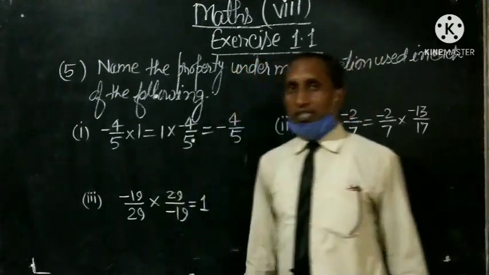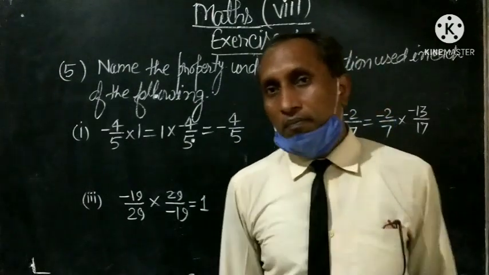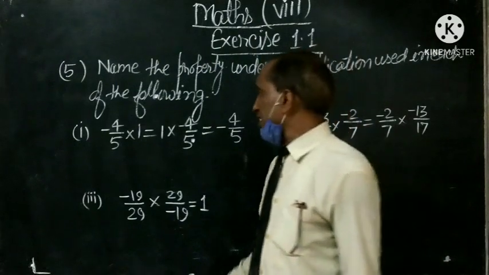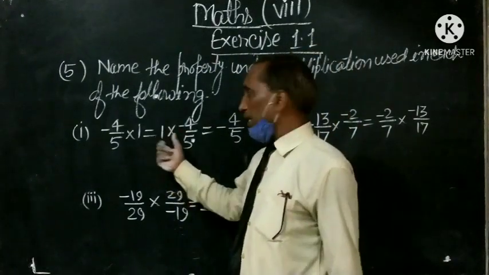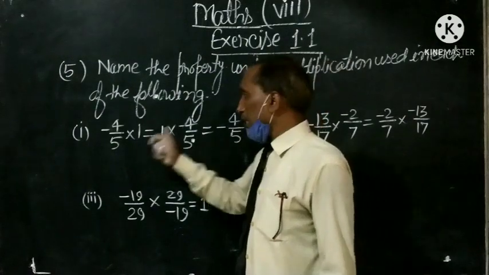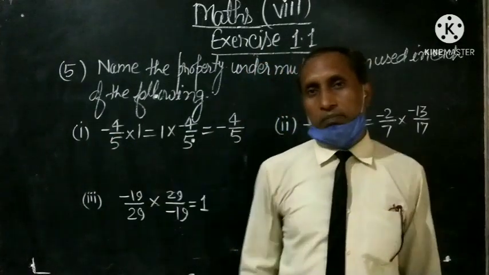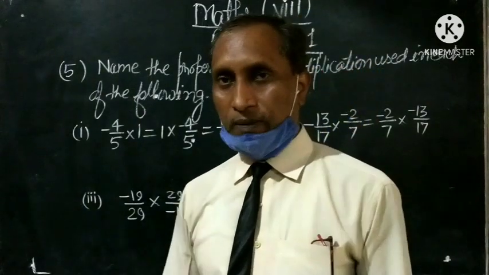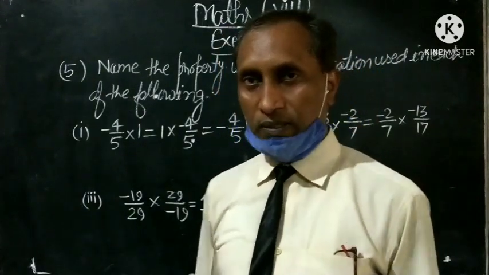Here we use the multiplicative identity. 1 is the multiplicative identity, which when multiplied to any rational number gives the same rational number. There will be no change.